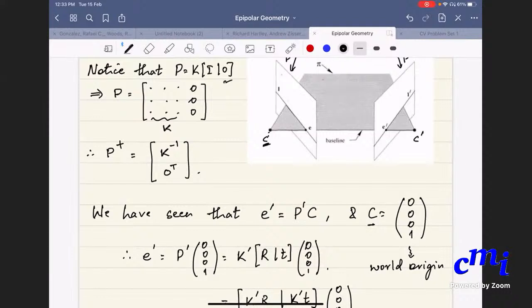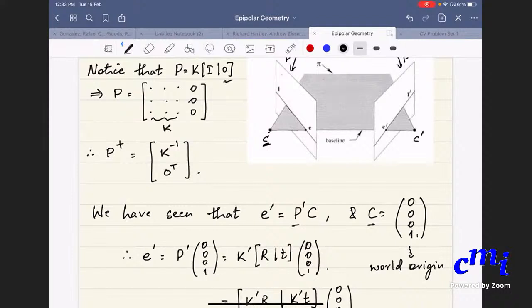This is what the information is telling us, that the camera center is the world center. World center is 0, 0, 0, 1 in homogeneous coordinates. To this point you apply P prime, you will get E prime.